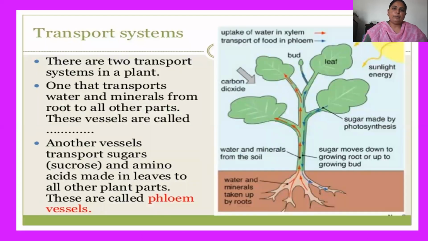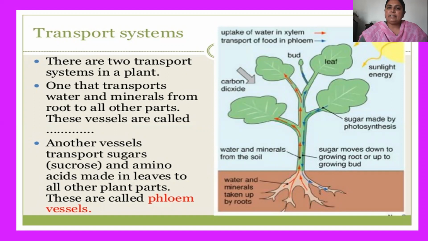First of all, I want to tell you about the transport system. There are two transport systems in plants. One transports water and minerals from the roots to other parts of the plant, and this system mainly consists of a vascular tissue called xylem.